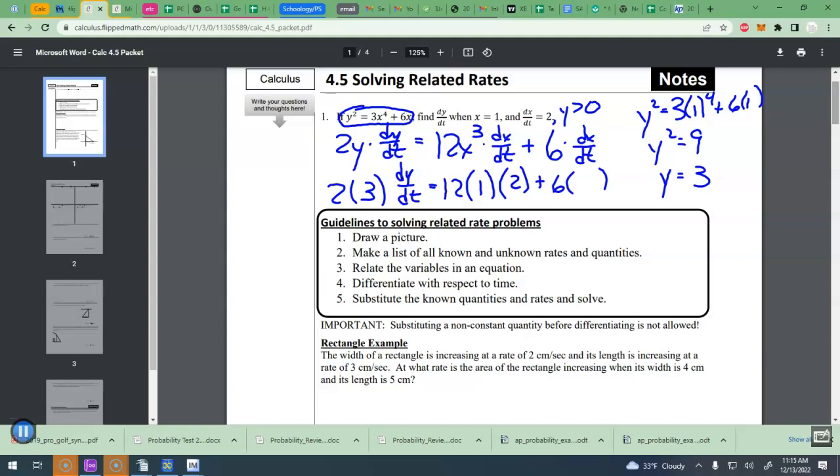So dx dt is the change this way, and dy dt is the change this way. So it's still 2. And then you would just plug in and solve. There's just algebra. But more important to me at this moment, are there any questions on what I'm doing to get to that step? So that step is just 6 dy dt equals 36. So then dy dt would equal 6.